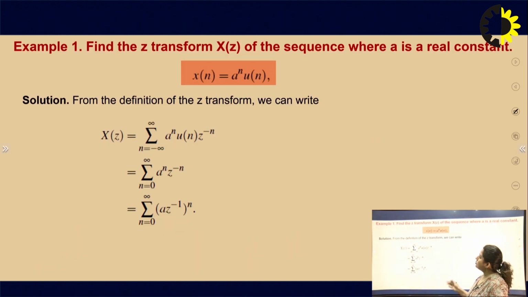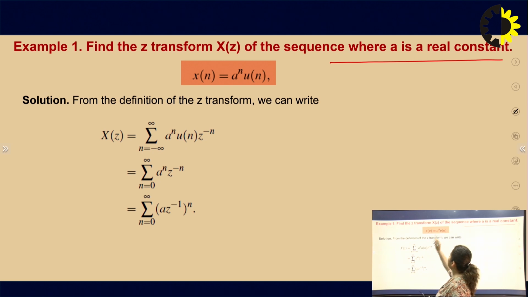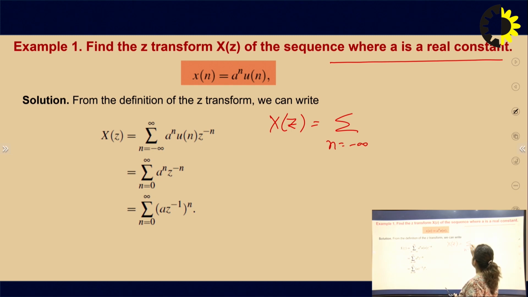So now we solve some numericals based on the z transform. Find the z transform X of z of the sequence, where a is a real constant. So if xn is equivalent to a to the power n un, we use this formula: X of z is equivalent to summation over n equivalent to minus infinity to infinity xn z to the power minus n.